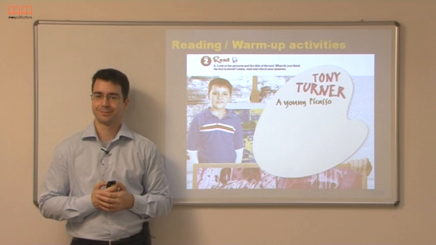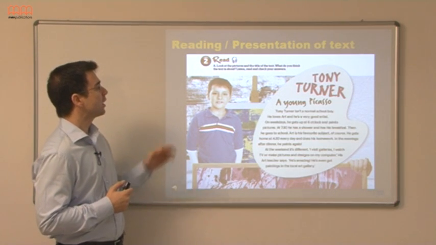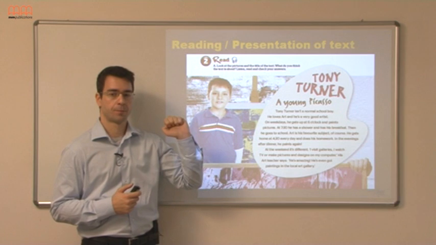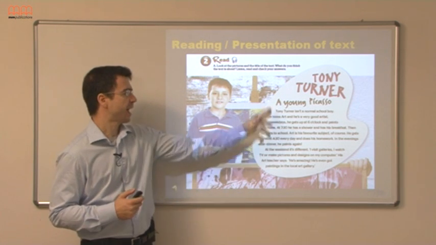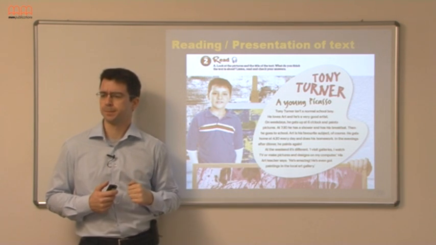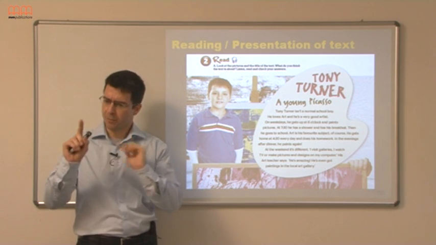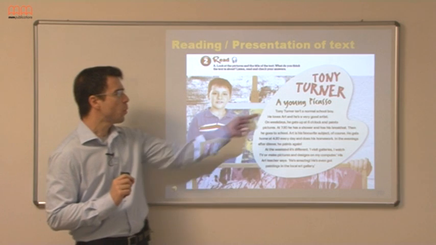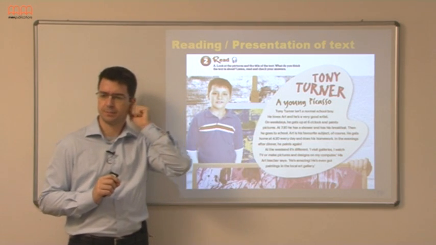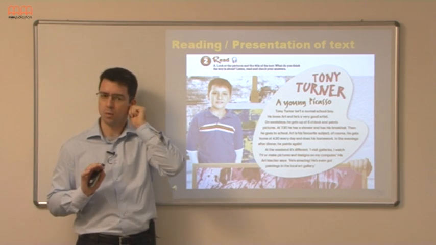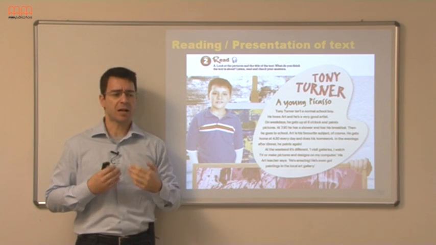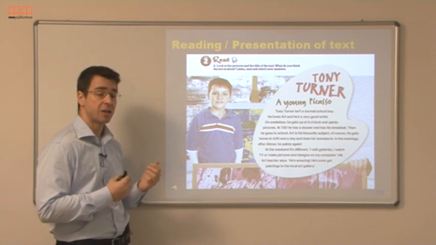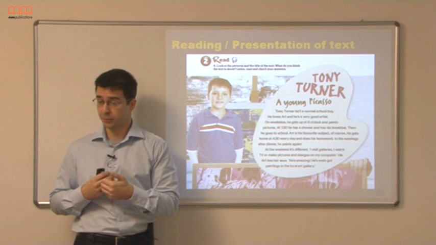Now take a look at the picture and the title again. What do you think this text is about? But wait, before you tell me, let me ask you, do you know who Pablo Picasso was? No? Well, let me tell you. Pablo Picasso was a famous Spanish artist and also sculptor.